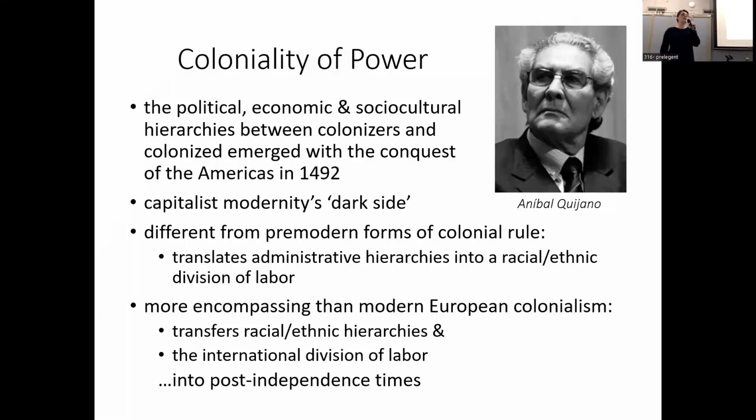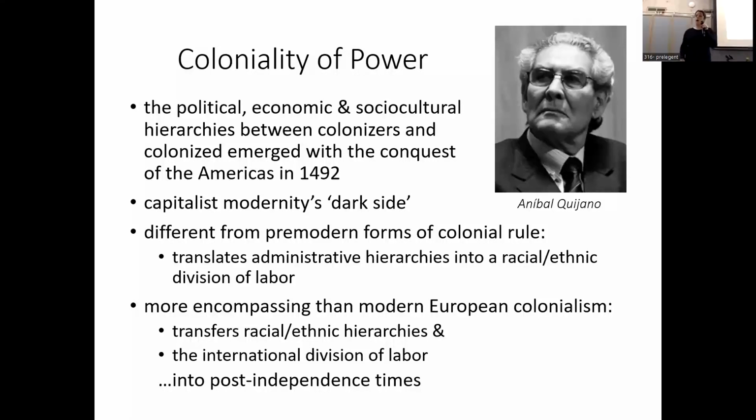But once administrative colonialism is over, so once territories become independent, coloniality, the racial, cultural, epistemic, political, and economic hierarchies, remain in place or are still being reproduced.